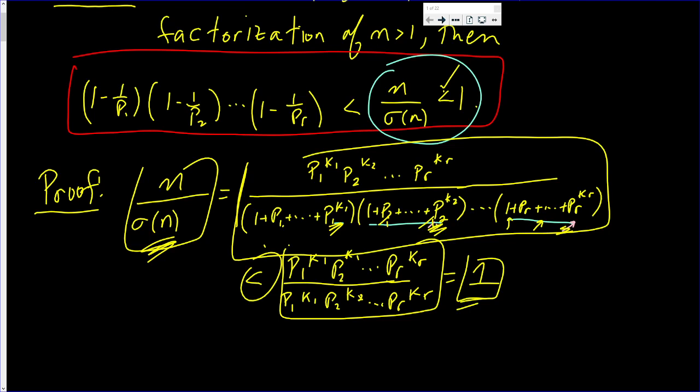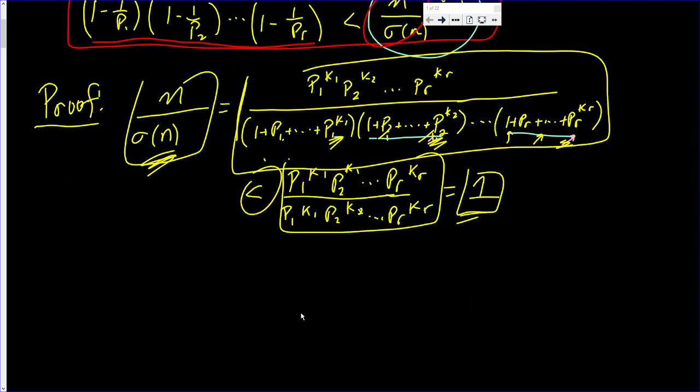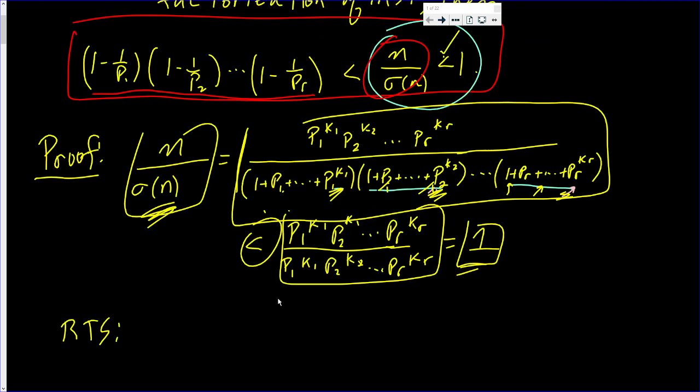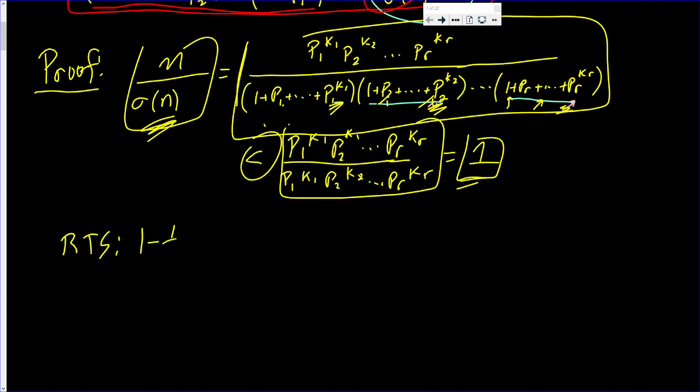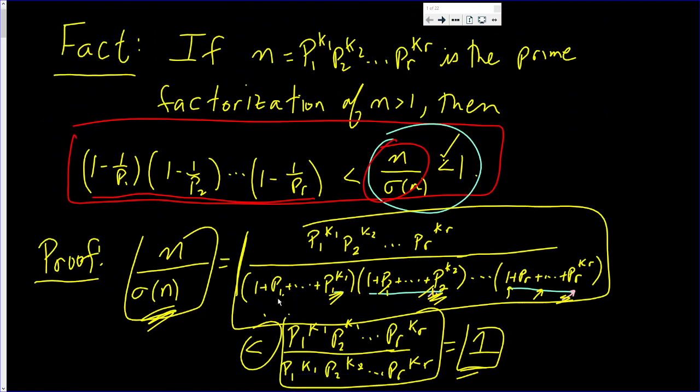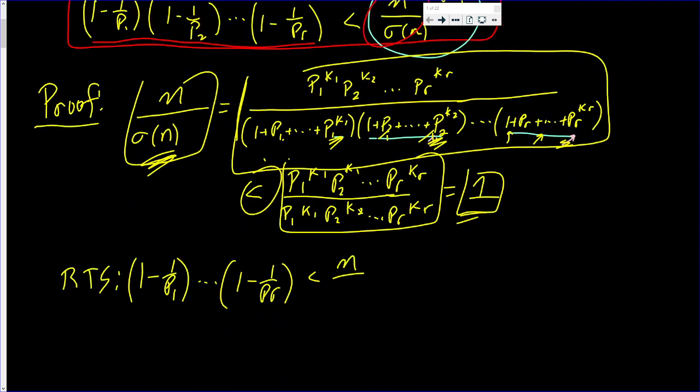Now, the hard part. I need to show that this here is less than that. So it remains to show that 1 minus 1 over p sub 1, dot dot dot, times 1 minus 1 over p sub r, is less than n over sigma of n.